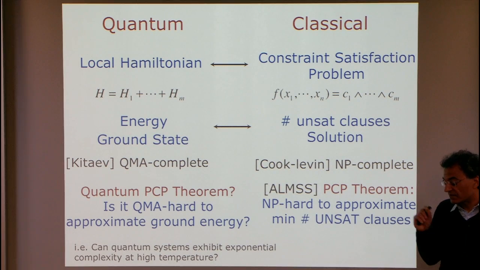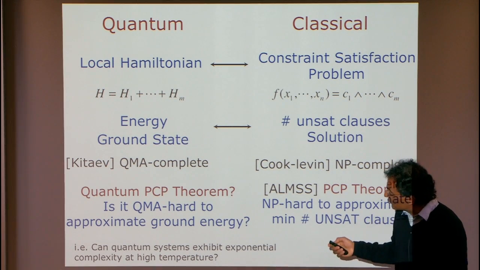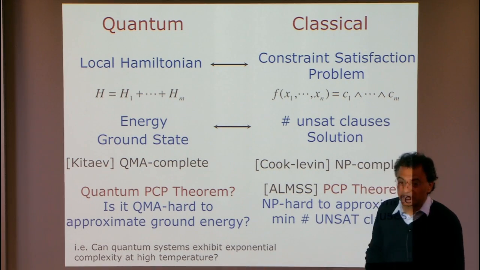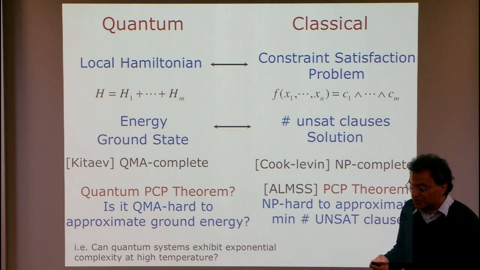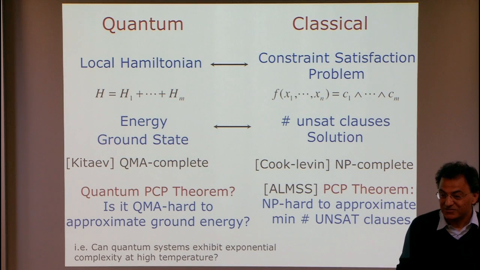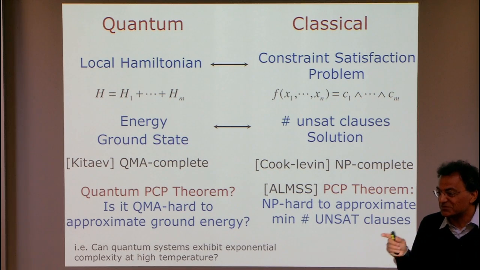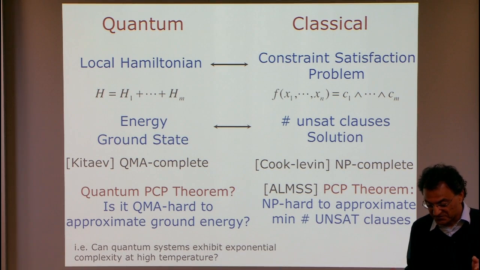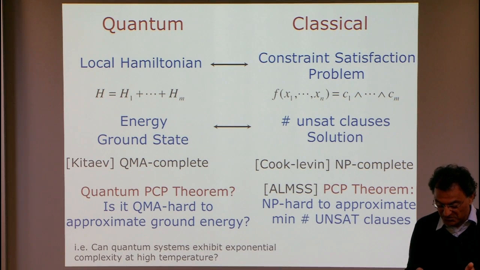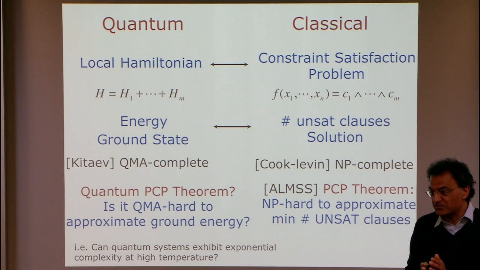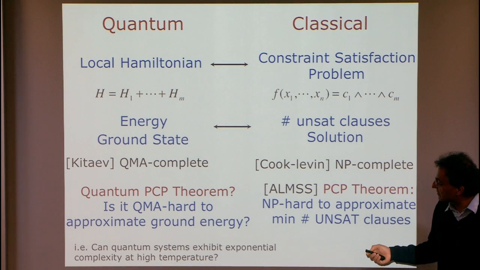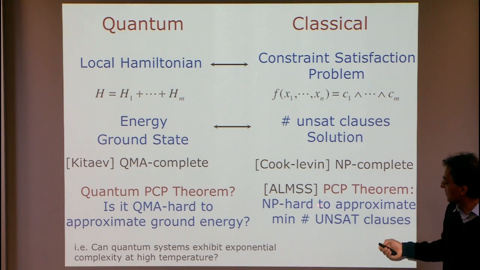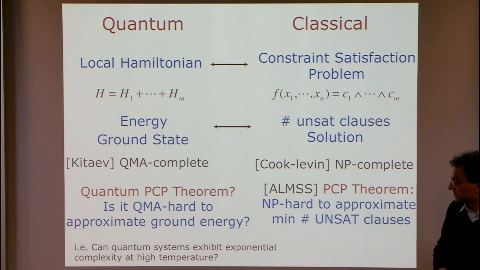This is one of the rare cases in complexity theory where we not only do not know the answer, but we don't even know which way to guess. People who have been looking at this question have guessed in different directions whether one should have a quantum version of the PCP theorem or not.